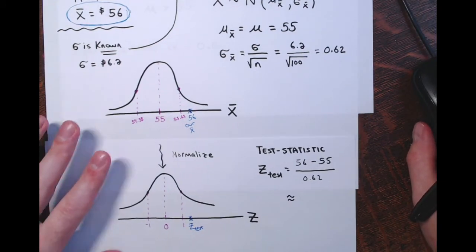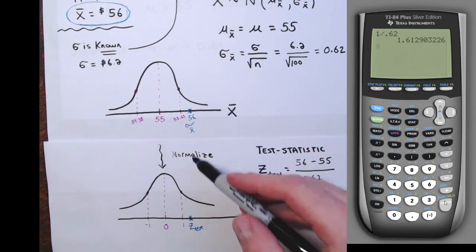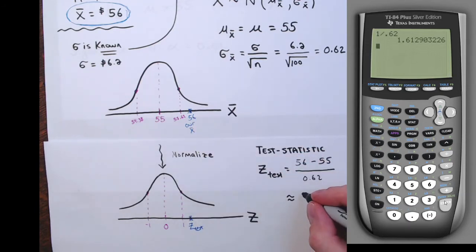So I'm going to pull a calculator up. All right, so 56 minus 55 is 1. So I have 1 in the numerator divided by that 0.62. So the z-score for our sample mean of 56 is about 1.61.